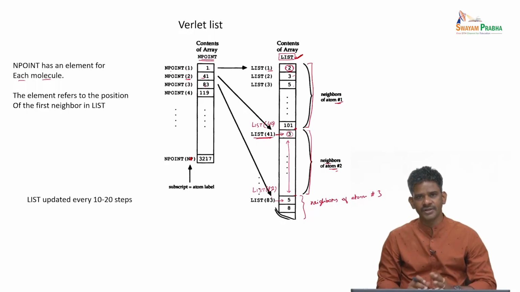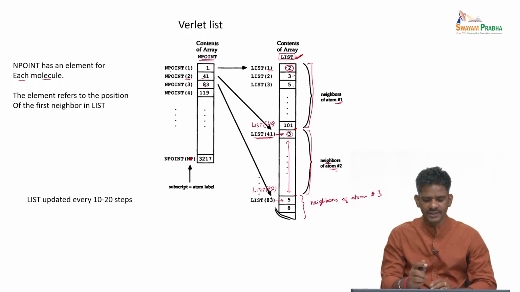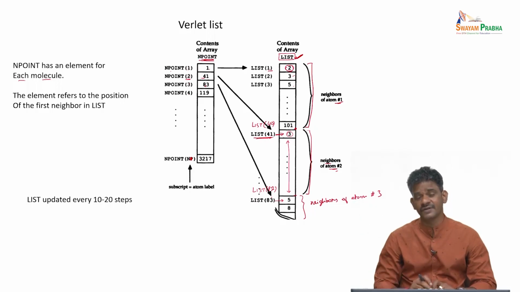Then, the range of this list array which contains the information of the neighbors of a given atom is given by an additional array called the endpoint array, which always points to the location in the list array where the first neighbor of that particular atom is.